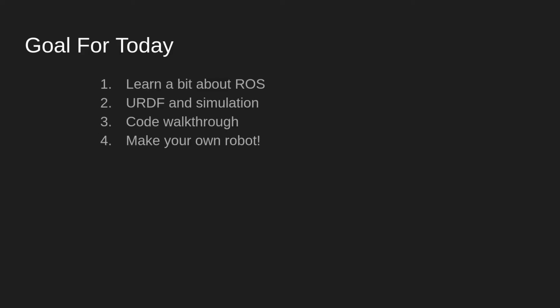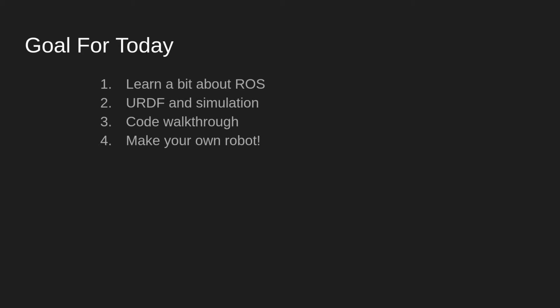So the goal for today is, one, I will be covering a little bit of background about ROS. I'll just go into what ROS is, why we use ROS, etc. And two, I will talk about URDF files, which are a way to describe your robot in simulation.